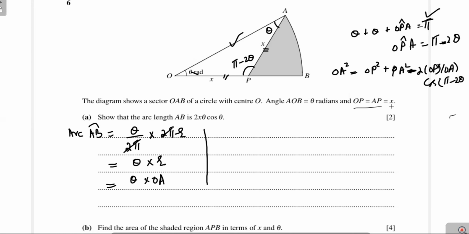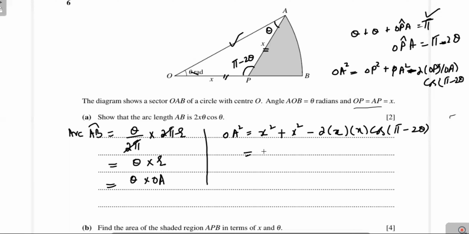Now we put the values: OA squared equals x squared plus x squared minus 2 into x into x into cos of pi minus 2 theta.